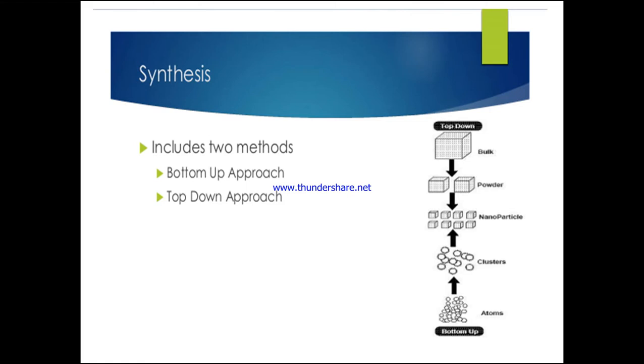In the bottom-up approach, atoms and molecules are converted by self-assembly, by joining layer by layer, or by the formation of bonds, and we get the nanoparticles. That is the bottom-up approach.